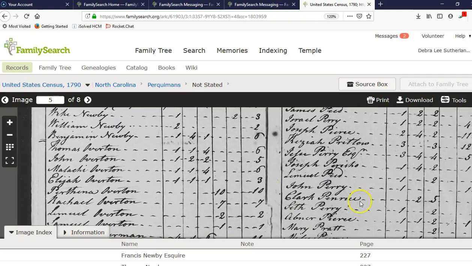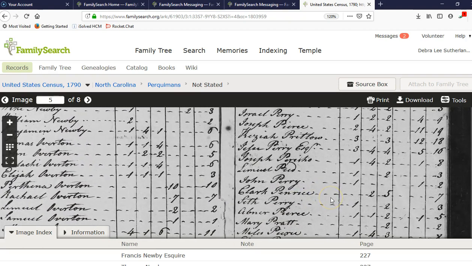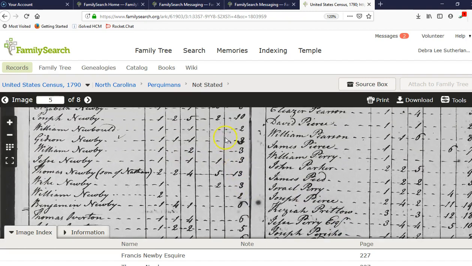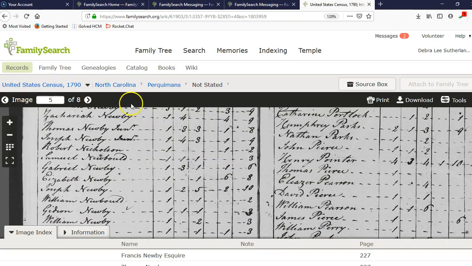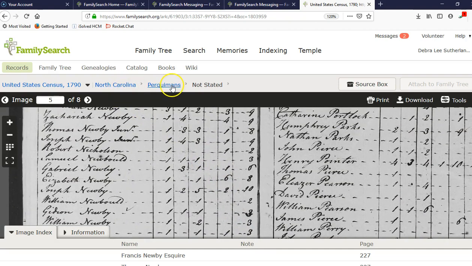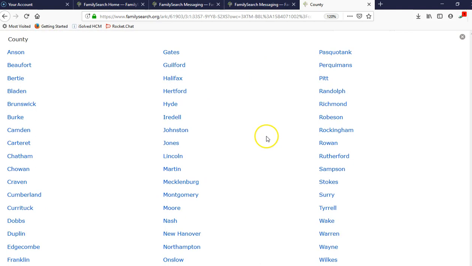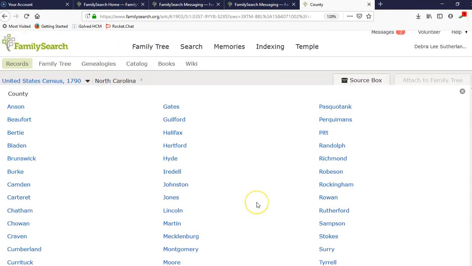So you just go in and find out who all is in that same county, and then you can find the same city. Another thing you can do is, this is not stating the city name, but sometimes you can go into North Carolina. This is telling you all the different counties in North Carolina.